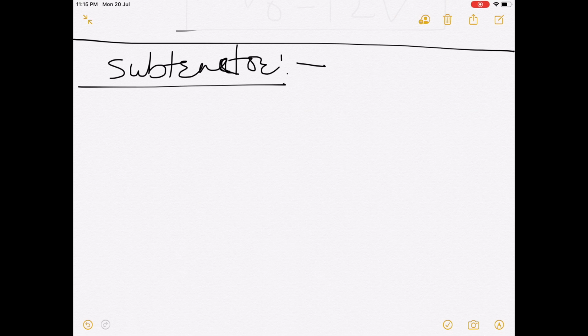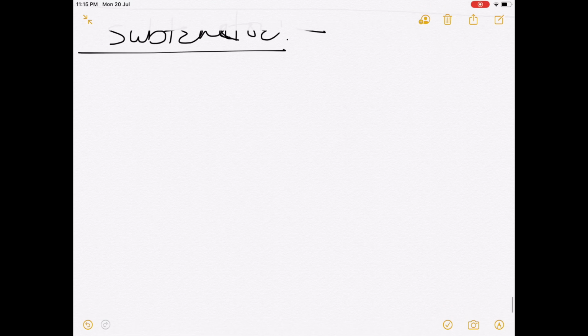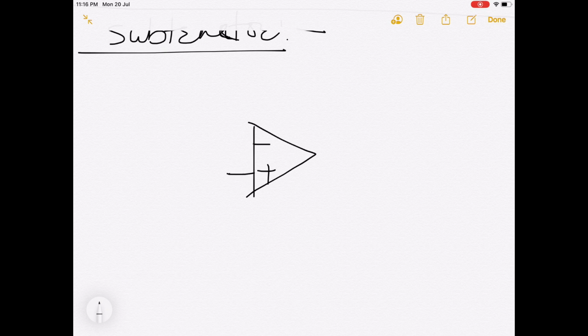So for subtraction we again require a circuit diagram like this. This is the op-amp, minus, plus, this is suppose your R2 value, this is your Vy, one input, this is grounded.